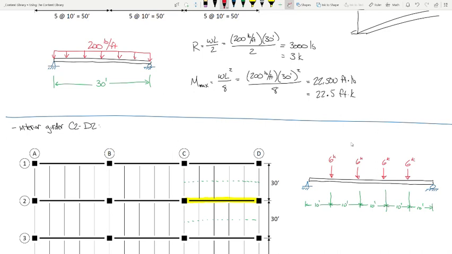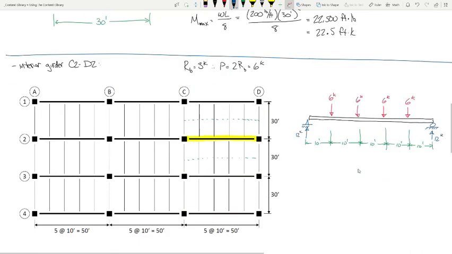So what you can say is, so what are the reactions? Well, 12, right? 24 on top, it's all symmetric. 12. 12.